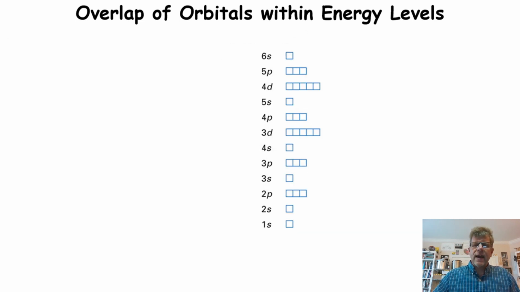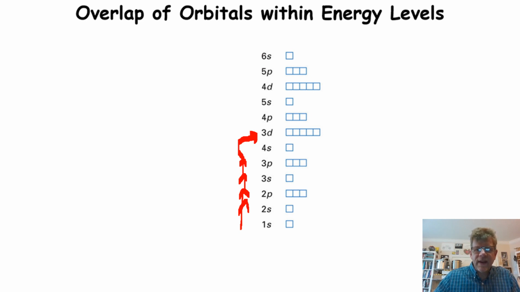Let's look at an extension of our energy levels as we go from bottom to top, increasing energy. Here we start at energy level 1. We go 1s, 2s, 2p, 3s, 3p, and we should end up with a 3d here.